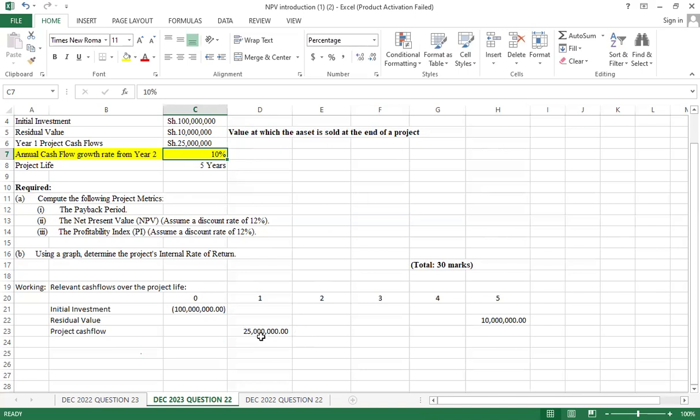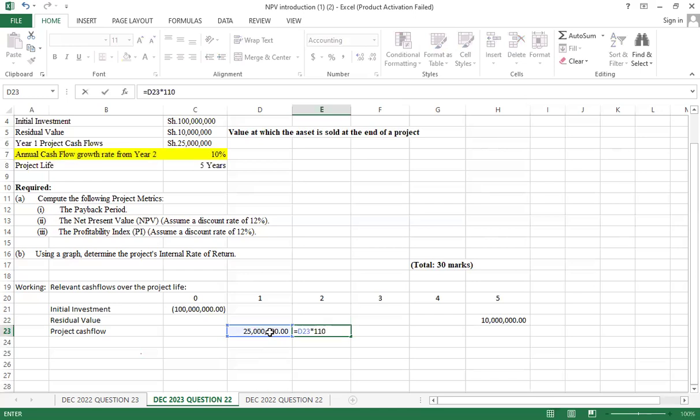What this means is that if year 1 is at this 25 million, when I come to year 2, I grow the 25 million for year 1. To grow is to increase. I grow it by 10%, meaning I multiply by 110%. To increase by 10%, remember, is to multiply by 100 and what? 10%. So in year 2, I will have 27 million, now 500,000.